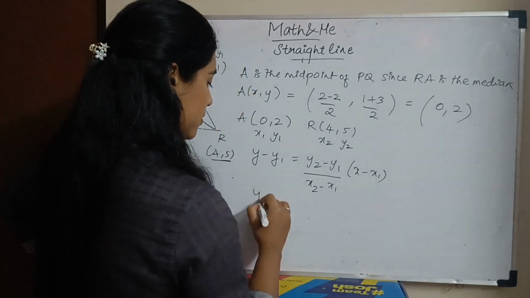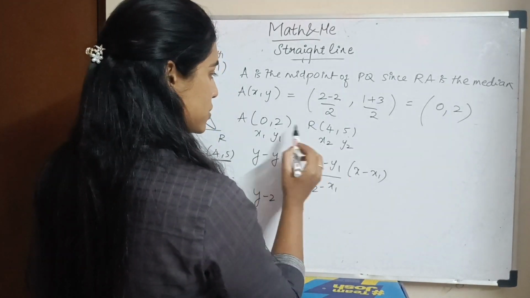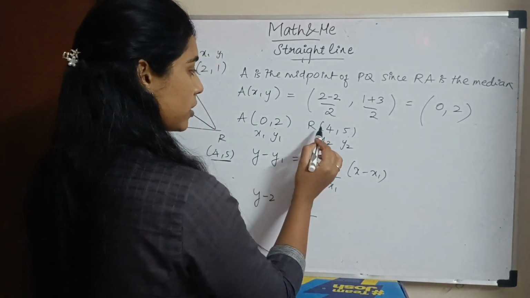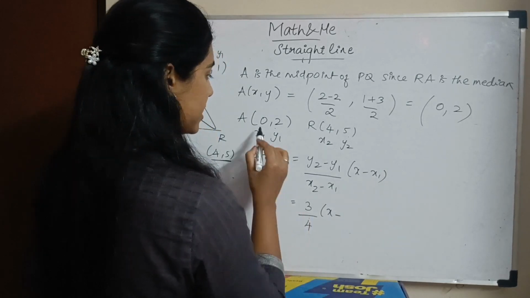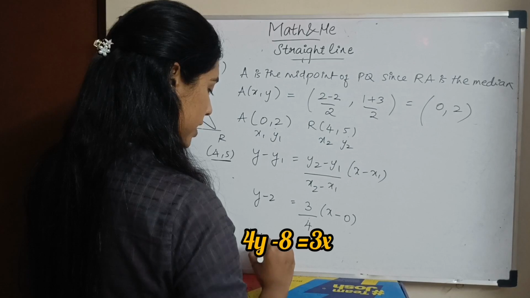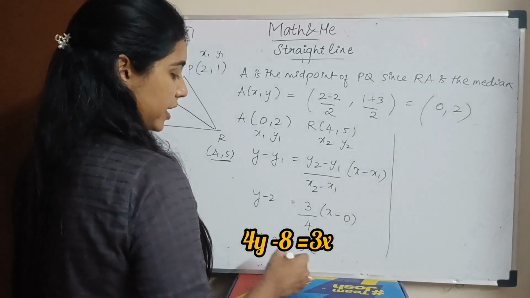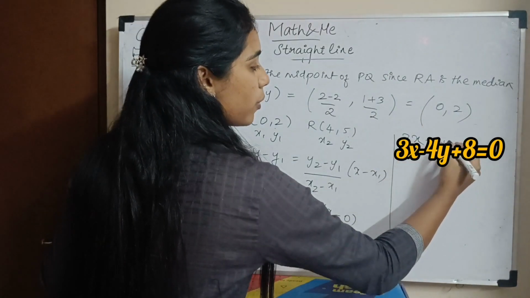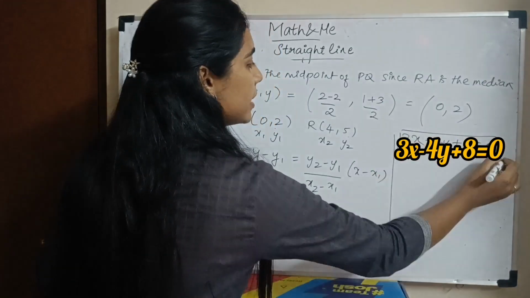So you have y minus 2 equals y2 minus y1, 5 minus 2 is 3, divided by x2 minus x1, 4 minus 0 is 4, times x minus 0. So what do I have? I have 4y minus 8 equals 3x. Bringing everything to one side, I have 3x minus 4y plus 8 equals 0. So this is the required equation.